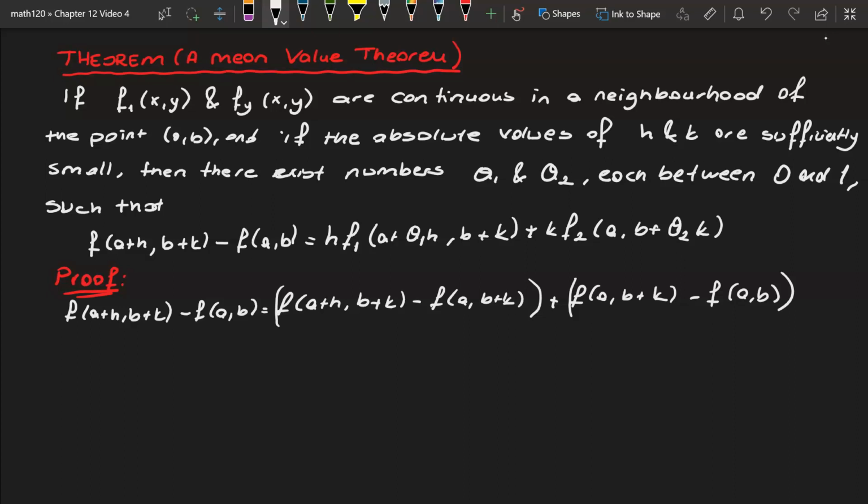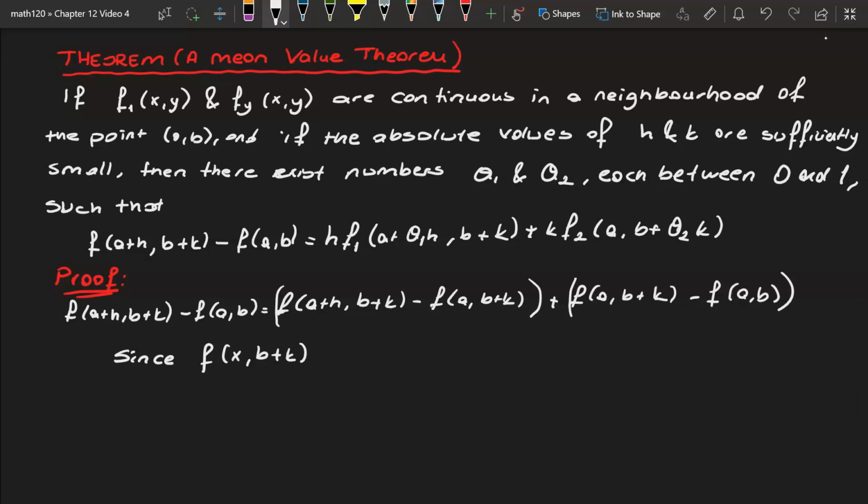Here you see, in the first two terms the first coordinate is changing while the second coordinate, b plus k, is fixed. So consider f of (x, b plus k). It is a continuous function, actually a differentiable function with respect to x.